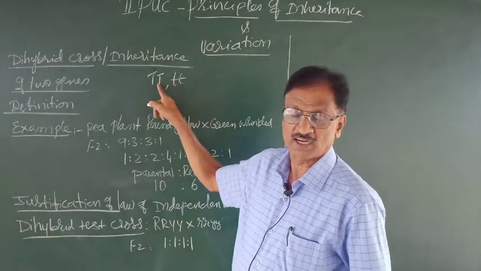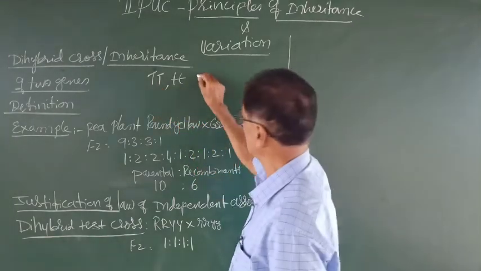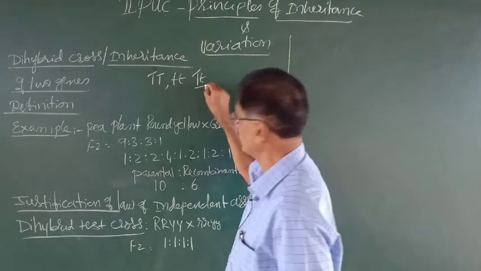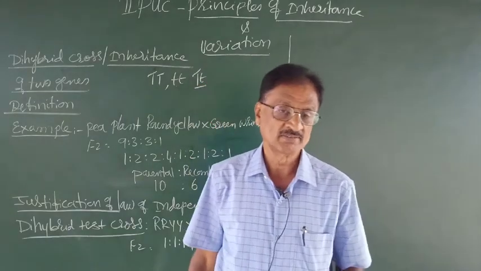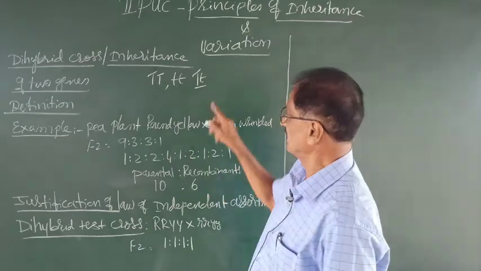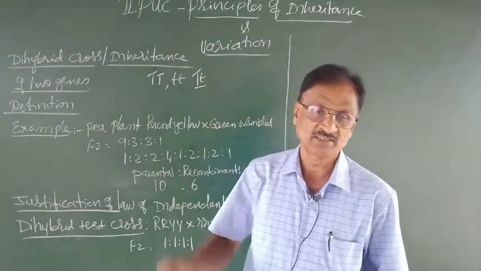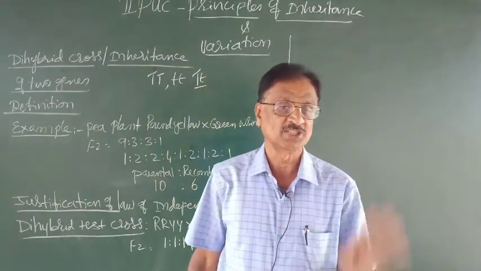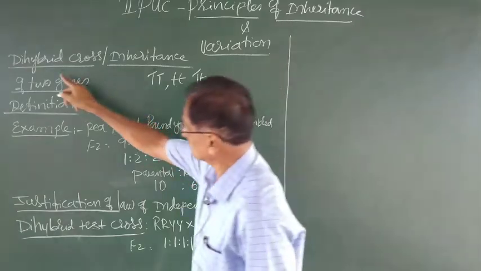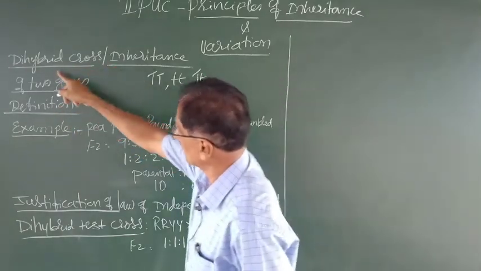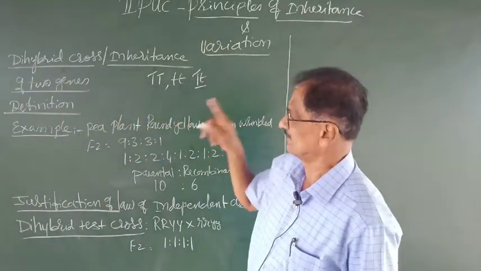These two are not hybrids, but this one is a hybrid. That means a hybrid is always in the heterozygous condition. Now let us take up the dihybrid cross in detail.